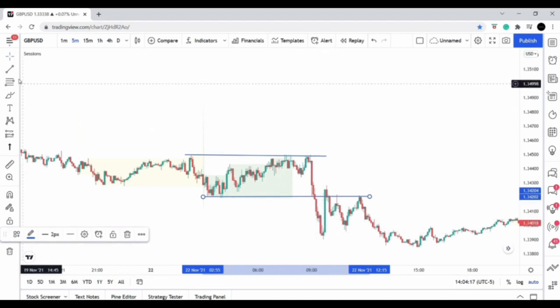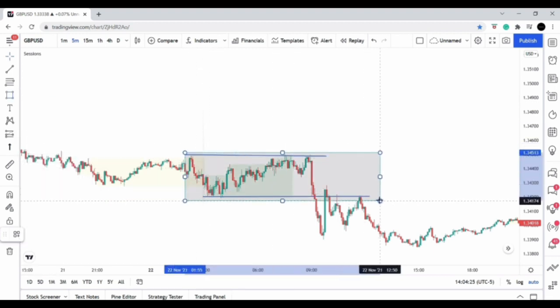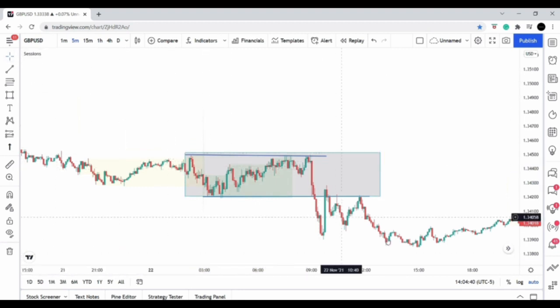When I say zone, because I know a lot of people are going to ask what I mean, I'm just talking about the high and the low. So from right here to right here. Notice how the market got out of that zone. When it gets out of the zone, most likely we're going to have continuation, depending on if the market wants to continue to go back up or down.